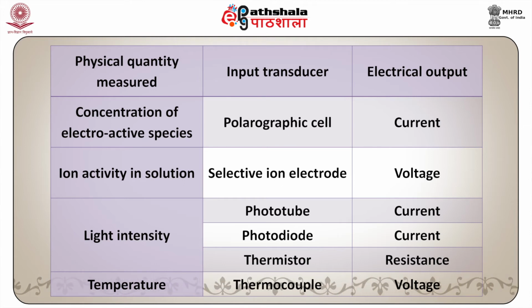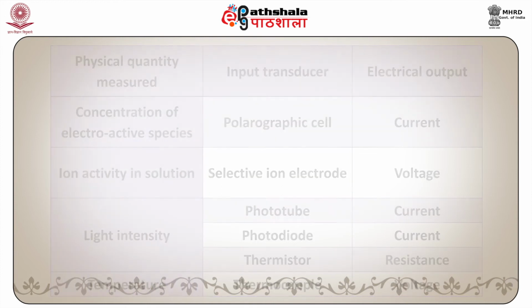Next, physical quantity measured is light intensity. Input transducer, if it is a phototube, then the electrical output would be current. If it is a photodiode, the electrical output would be current, and if it is a thermistor, the electrical output would be resistance. And next, physical quantity measured is temperature. The input transducer will be a thermocouple, and electrical output would be voltage.